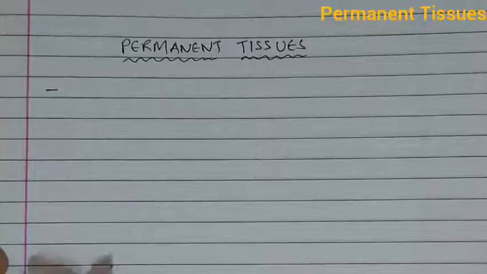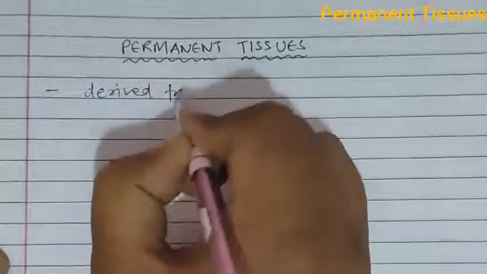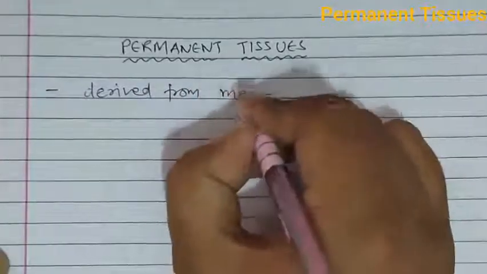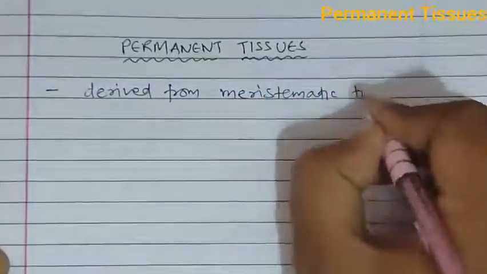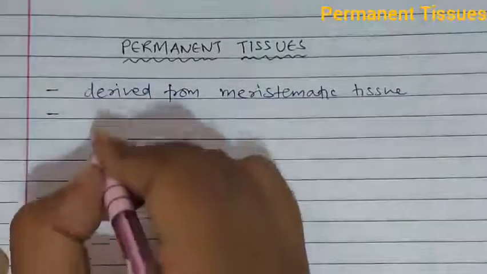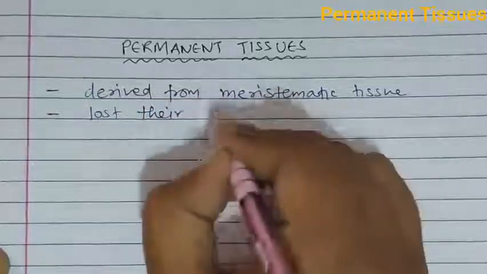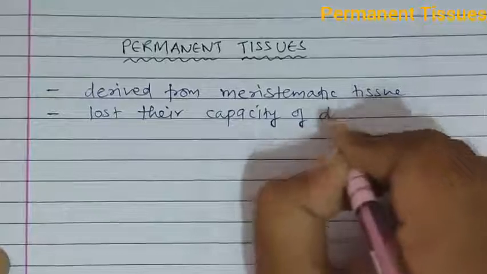These are derived from meristematic tissue, and these are the cells who lost their capacity of division.